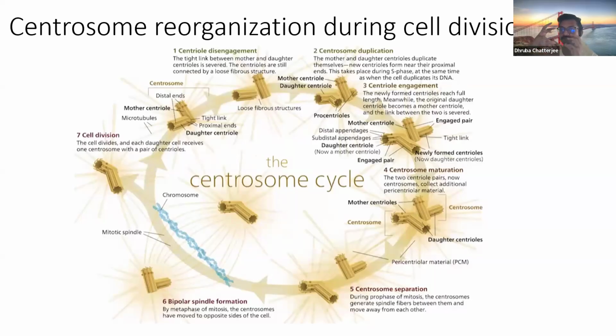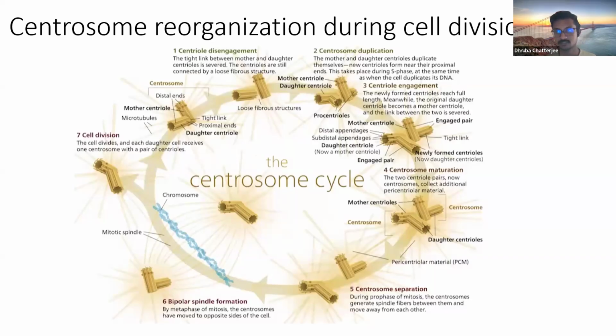re-engage, and now they have more polymerization of tubulin components to get more pericentriolar matrix components, and gradually become the hubs of polymerization of tubulin to emanate the microtubules, which eventually form the spindle fibers, and they also then migrate to the two different poles of the cell, right?